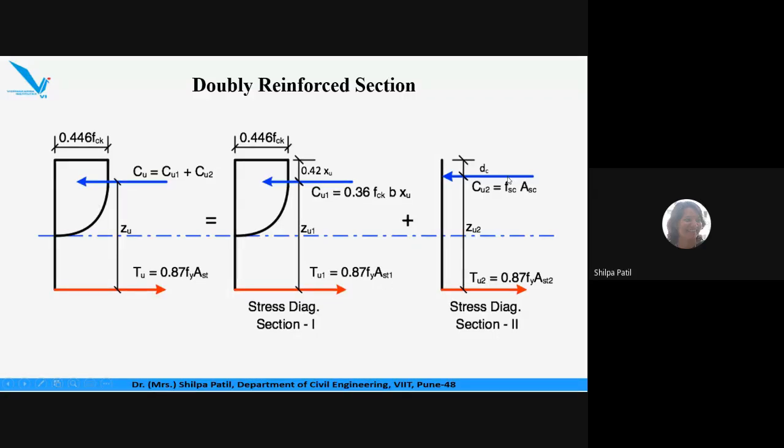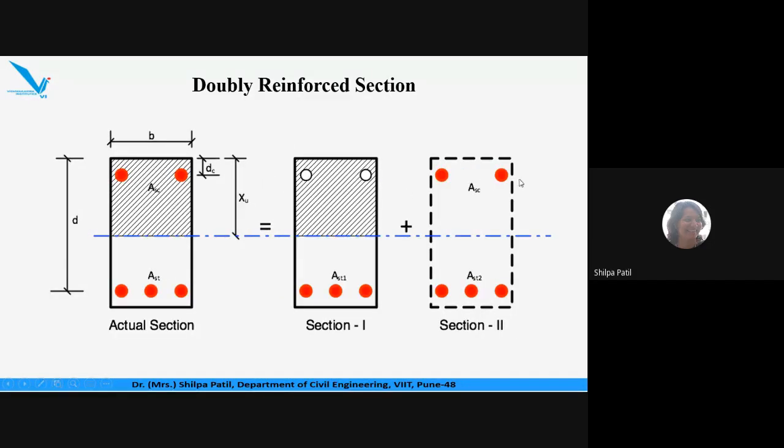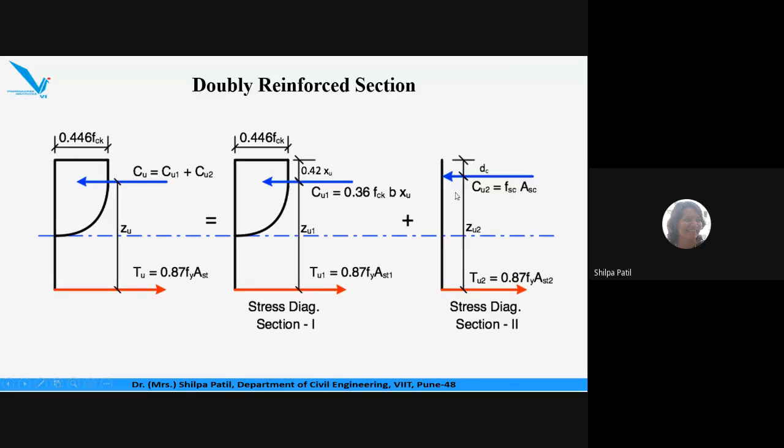In the second section, the stress distribution diagram is simply a vertical line over here, because we are representing the force of compression only at the level of the compression steel in the compression zone. The stress in the steel we consider concentrated at the level of the steel only, so it is shown by a straight vertical line, and this force of compression is developed due to the steel present in the compression zone.